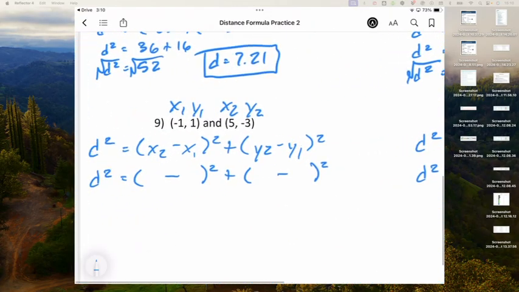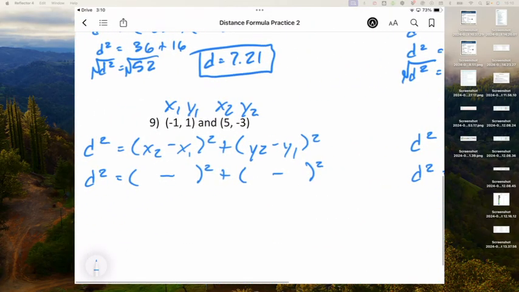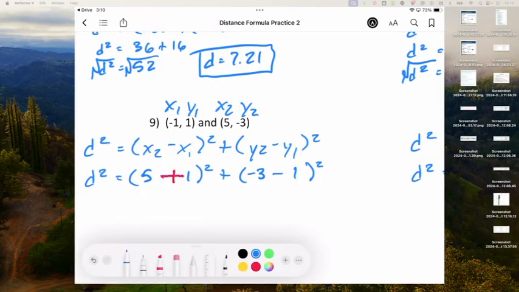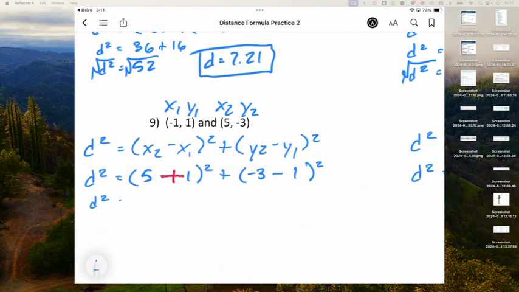Alright, down here, x2 minus x1 is 5 minus -1. y2 is -3, y1 is 1. Fix the signs. Five plus 1 is 6. -3 minus 1 is -4.